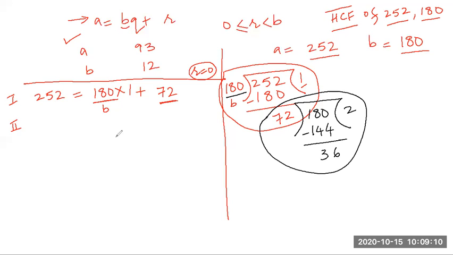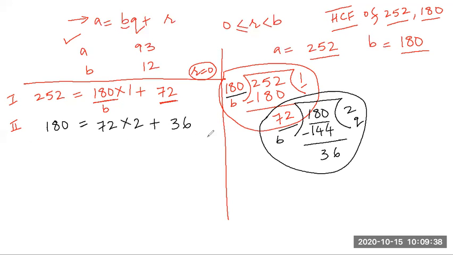So now what is my dividend? 180. I will write 180 here, equal to divisor. My divisor B in this case is 72. Very good. I have multiplied 72 by Q, 2. This is my Q, 2. And what was the remainder? Remainder was 36. So students, this is my second step.